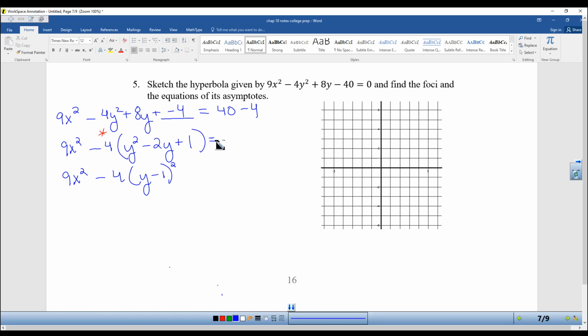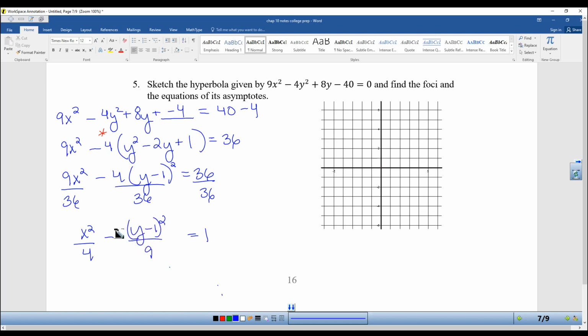And now on this side, that becomes 36. Remember that the very last step is to divide through by whatever number's over here, because it has to be equal to 1. And I get x squared over 4 minus y minus 1 squared over 9.